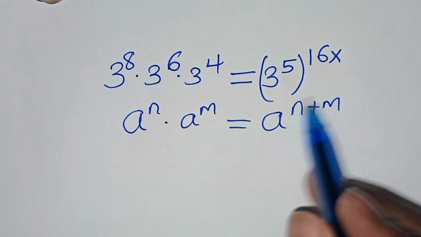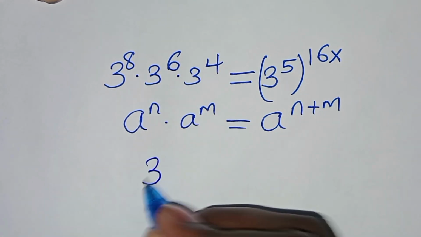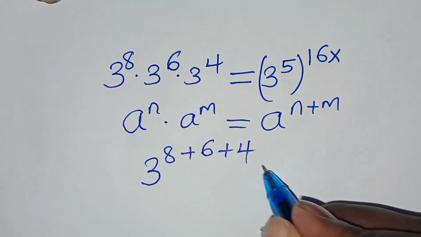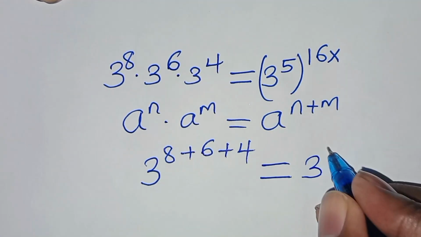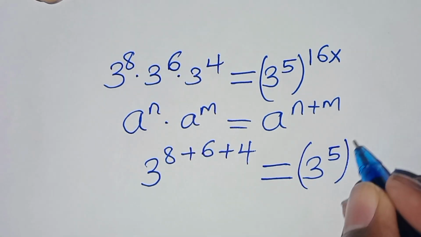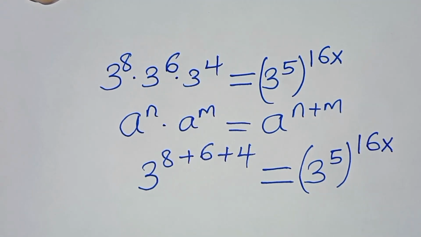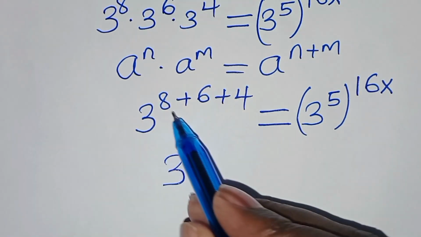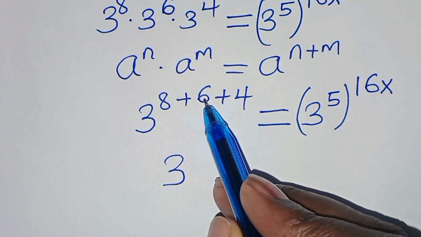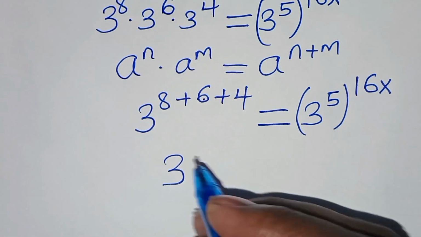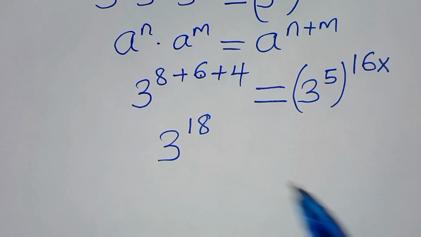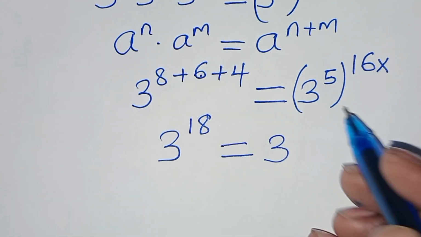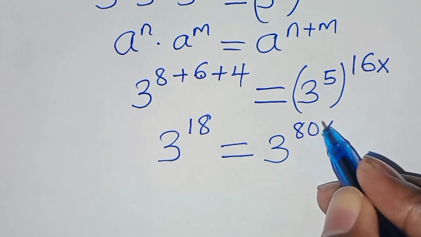Applying this exponent property, then this implies here we have 3 to power 8 plus 6 plus 4. This is equal to 3 to power 5 raised to power 16x. The next step is that here we have 3 to power, now this is 8 plus 6, this is 14, 14 plus 4, this is 18. 3 to power 18 is equal to 3 to power 5 times 16x, which is 80x.